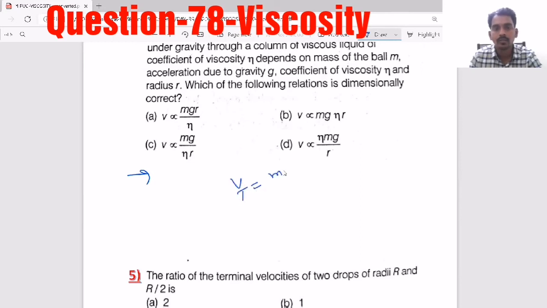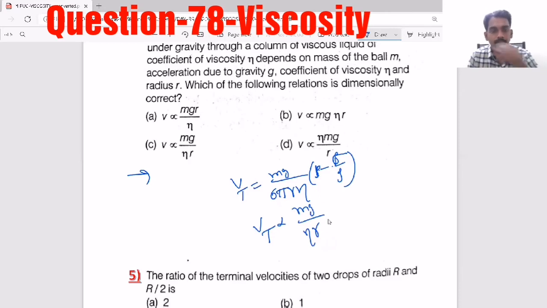So Vt equal to mg by 6 pi r eta into rho minus 1 minus sigma by rho. This is the actual formula. Now Vt is proportional to mg by eta r. So we have already taken the formula. The question is directly formula based, but they are asking the proportionality relation.